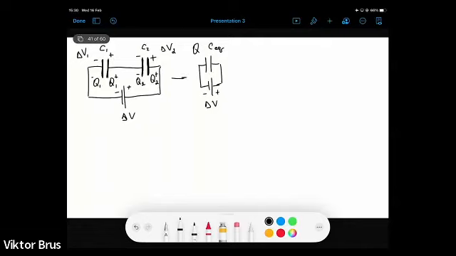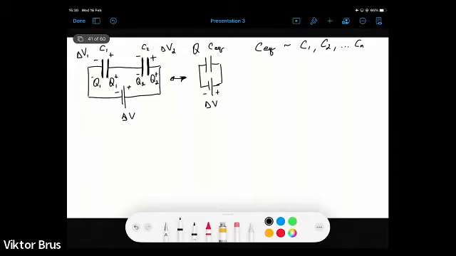So how do we find the relationship between C equivalent and C1, C2, or Cn, depending on how many capacitors we connect in series?